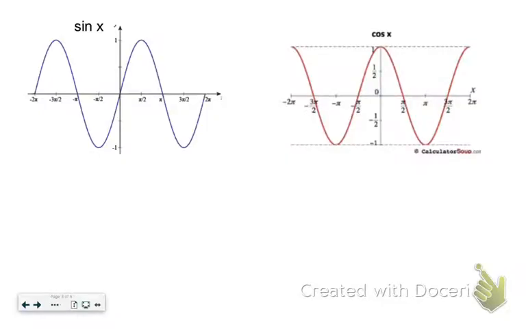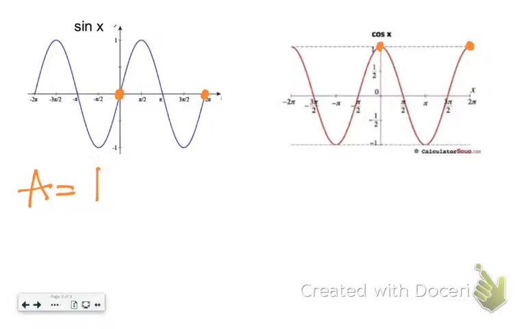So let's just look at this side by side comparison of sine and cosine. If we look here, sine starts at 0 and it ends at 0. Over here, cosine starts at 1 and it ends at 1. If you remember, the amplitude on sine was 1. Over here, my high value is 1, my low value is -1.